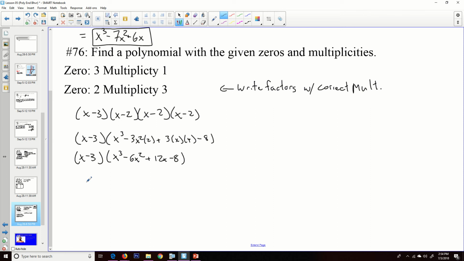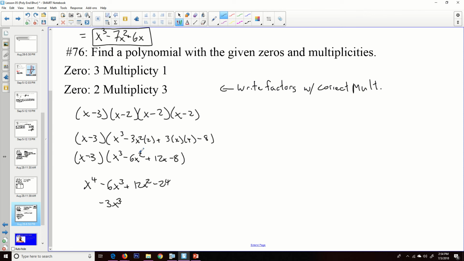And then when I distribute all of this out, I'm just going to stack, multiply and stack. So x times x to the third is x to the fourth, x times negative 6x squared is negative 6x to the third, x times 12x is 12x squared, and then x times negative 8 is negative 8x. Negative 3 times x to the third is negative 3x to the third.